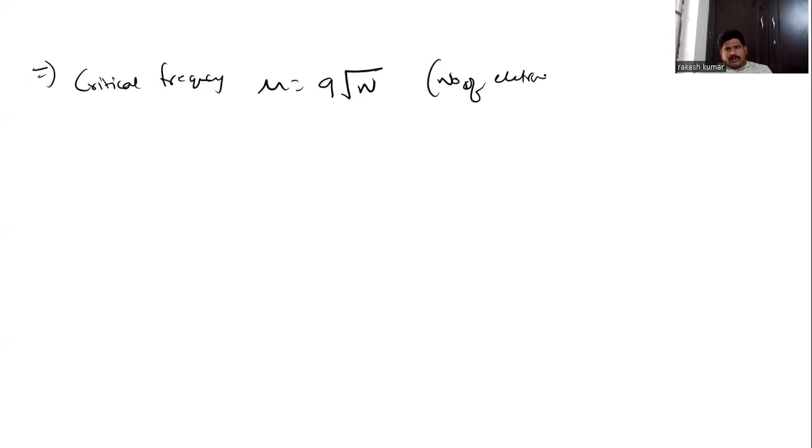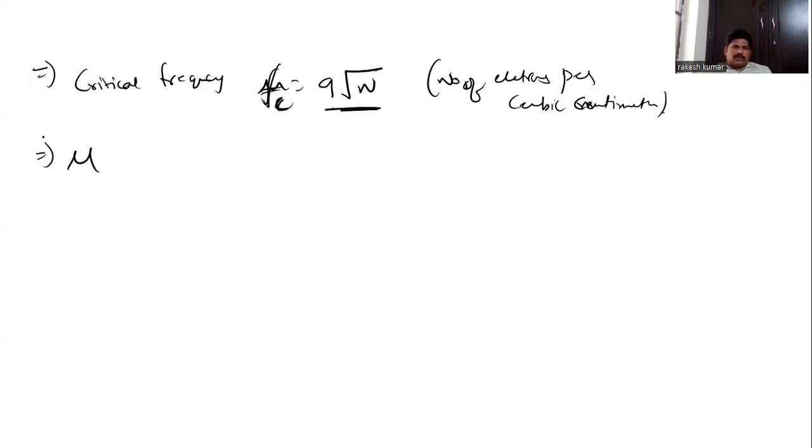So let us revise the different problems we have studied in this entire wave propagation. The first one is critical frequency. The critical frequency Fc is equal to 9 root n, where n is the number of electrons per cubic meter.